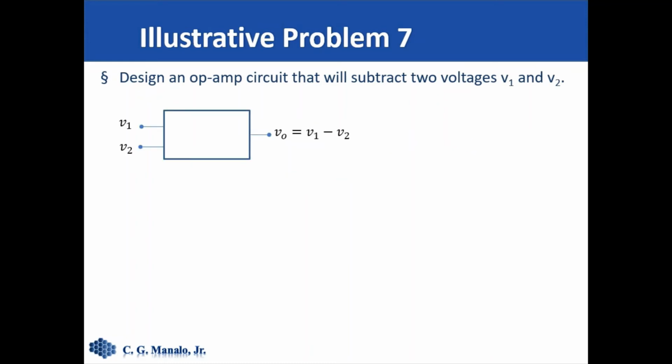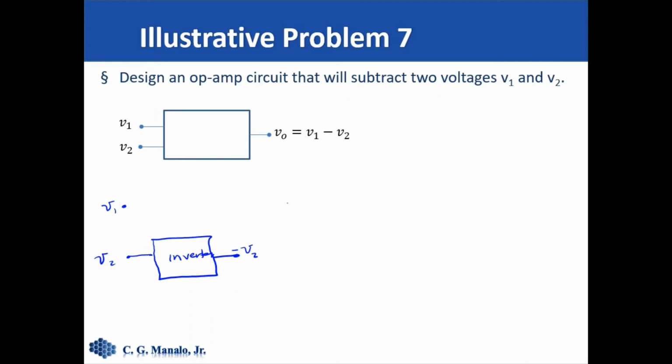To do this, we could break down the function. So we have here V sub 1, and we have here, for example, V sub 2. And what we can do first is invert the signal. So we use an inverting amplifier, so that this will produce a negative V sub 2.